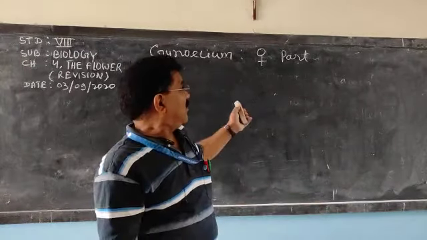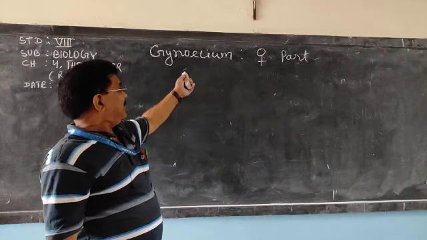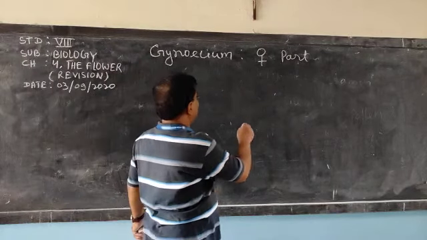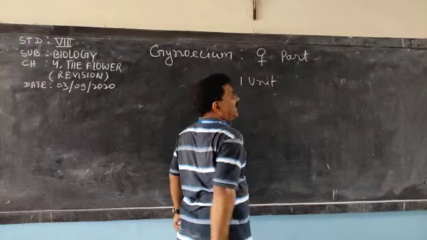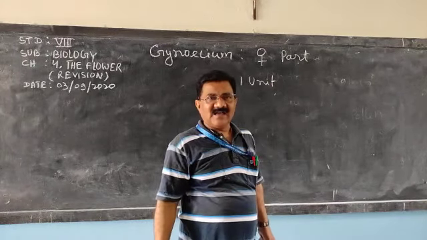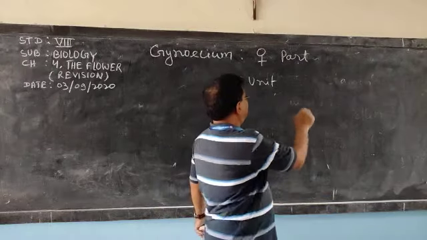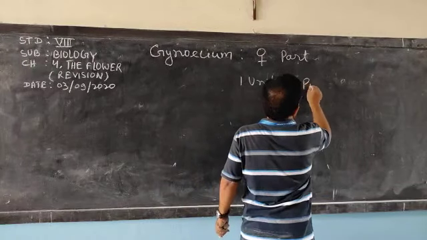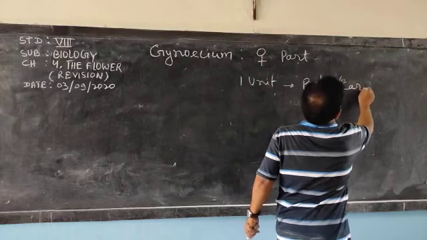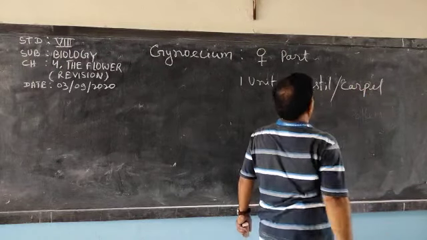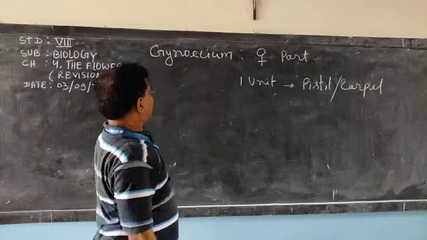One unit of gynoecium is called carpel or pistil.